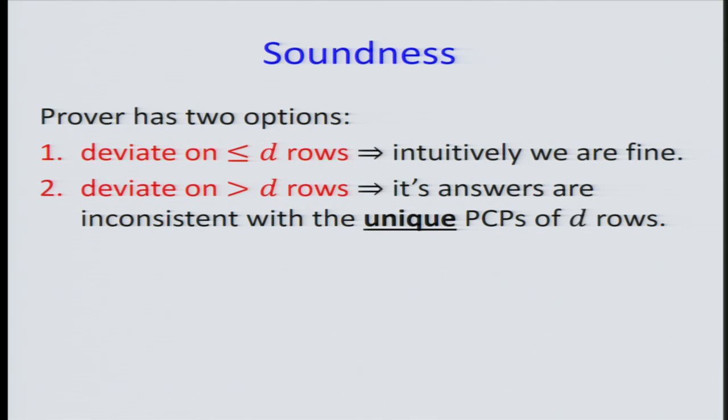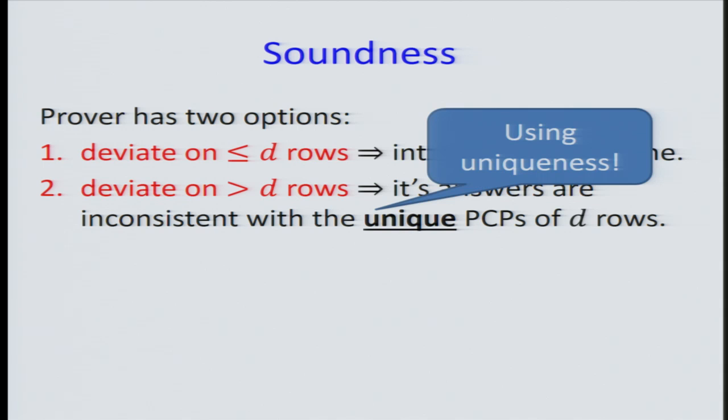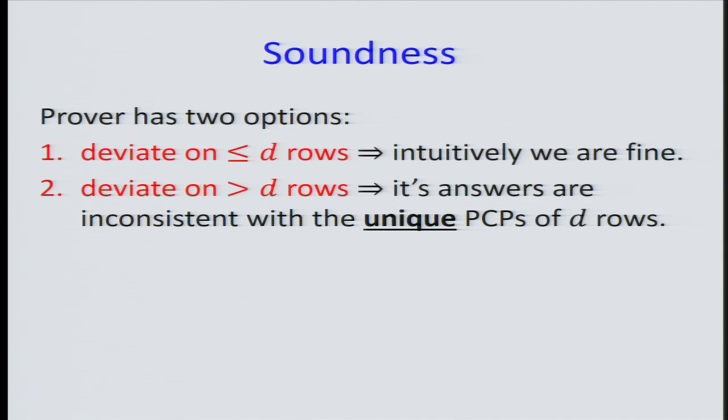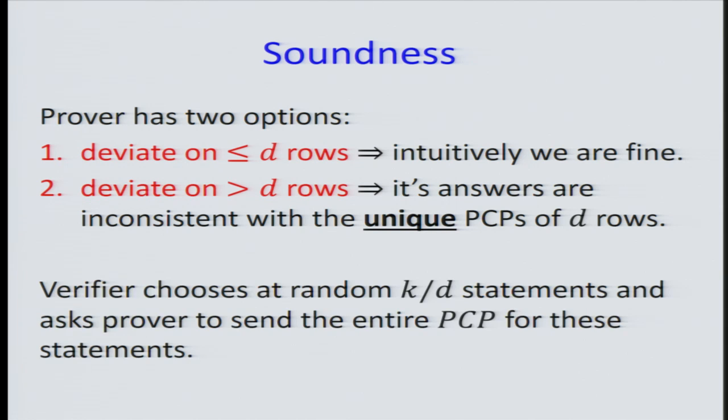So that means that the answers that it's sending are inconsistent with the unique PCP on more than D of the rows. OK? So here I'm using the fact that there's a notion of the unique PCP, because this is a UP statement. OK, so suppose that this is the case. So it's now really sending more than D rows on which it's lying. The question is, how can we catch him lying?